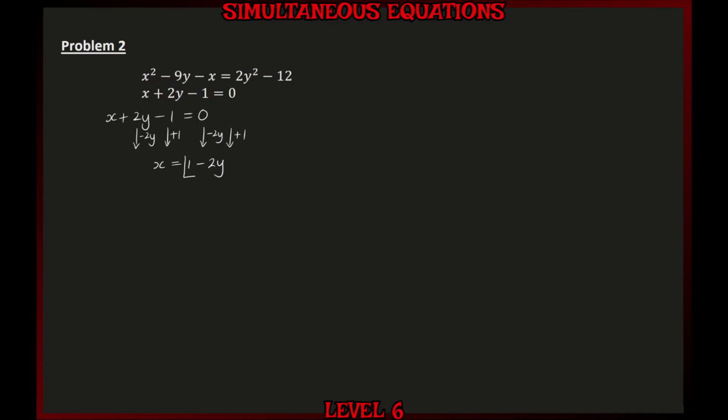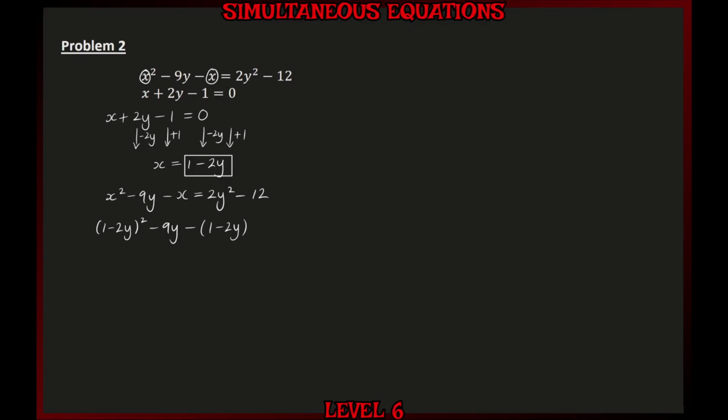If we know that x is equal to 1 minus 2y, we can take 1 minus 2y and substitute it into the first equation in place of x. So the first equation, x squared minus 9y minus x is equal to 2y squared minus 12, becomes (1 minus 2y) squared, because we're substituting x for 1 minus 2y, minus 9y, minus, and then in brackets, 1 minus 2y.